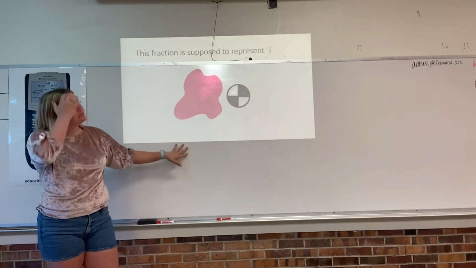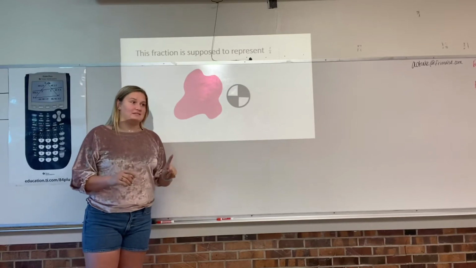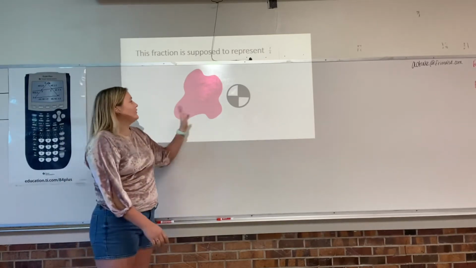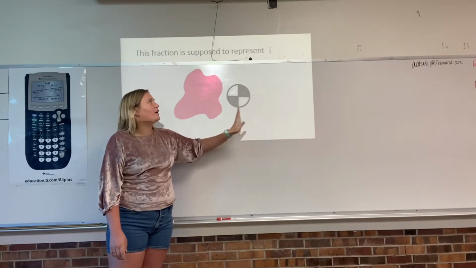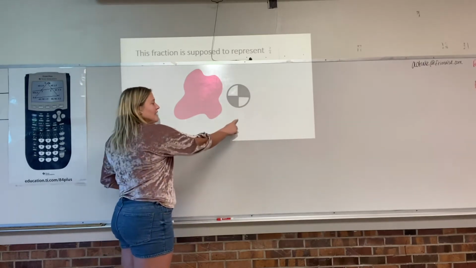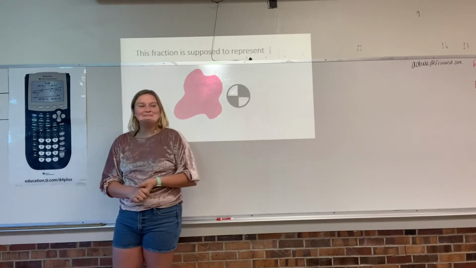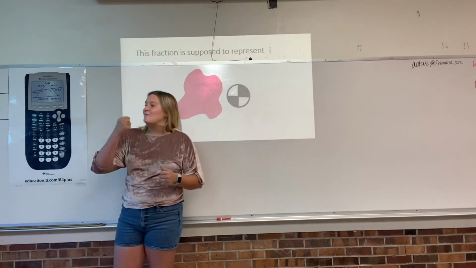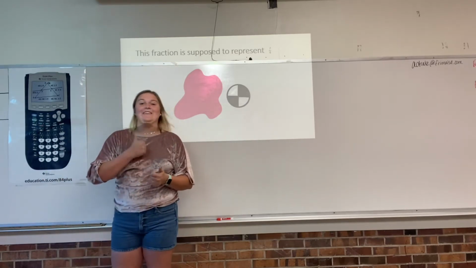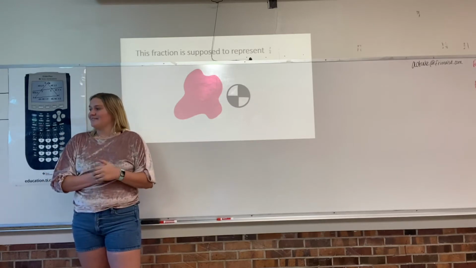All right, so in this one, we are supposed to represent 7/4. So we have our ink blot and we have this fraction right here. So what part of 7/4 is missing that's under the ink blot? Remember, when you're thinking, fist, and then when we got an answer, thumb, and then try to find multiple solutions.